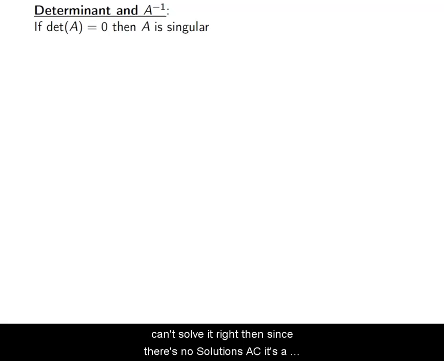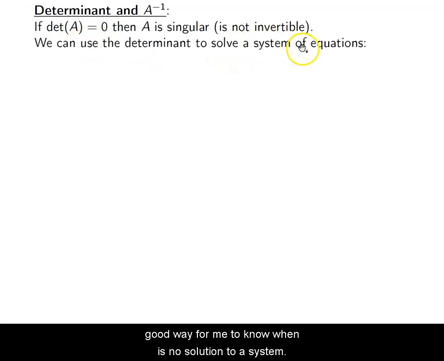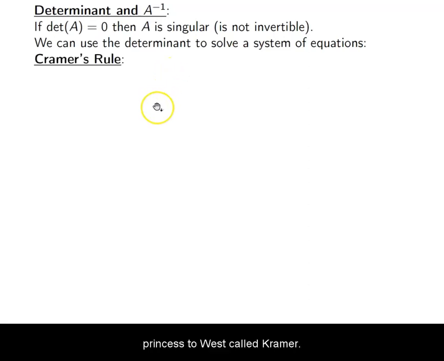There's no solution, basically. It's a good way for me to know when there's no solution to a system, okay? It's not invertible. So not only can we use the determinant to say when there's no solution, but we can actually use it to find the solution of a system without actually finding the inverse, okay? This brings us to what's called Cramer's rule.